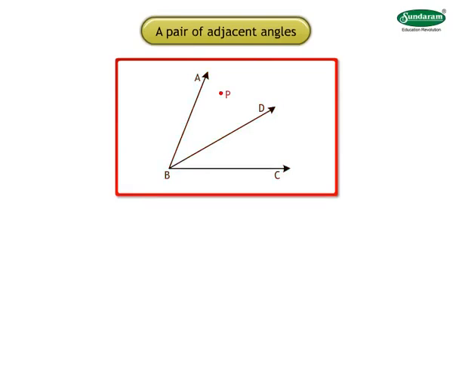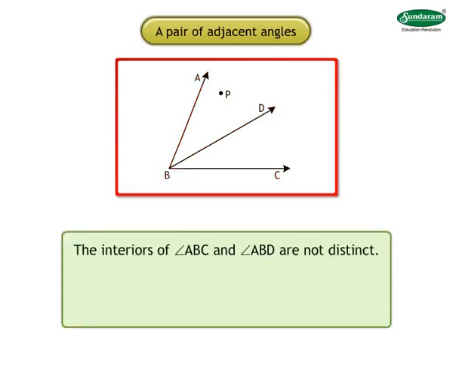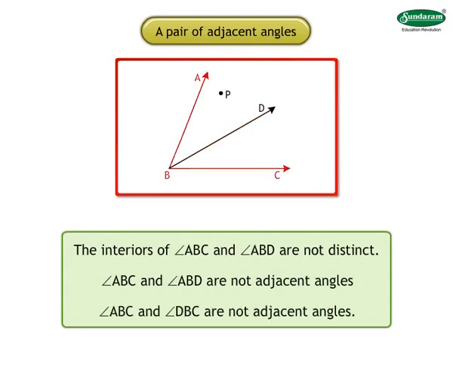However, point P is in the interior of angle ABD as well as in the interior of angle ABC. It means that interiors of angle ABC and angle ABD are not distinct. Hence, angles ABC and ABD are not adjacent angles. Similarly, angle ABC and DBC are not adjacent angles.